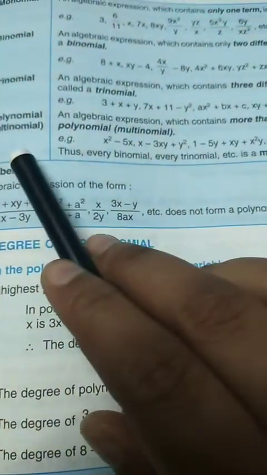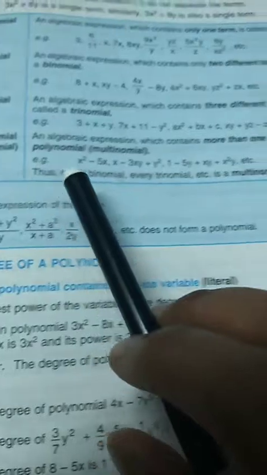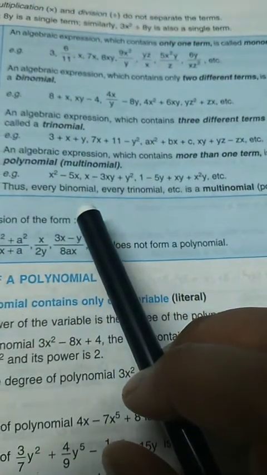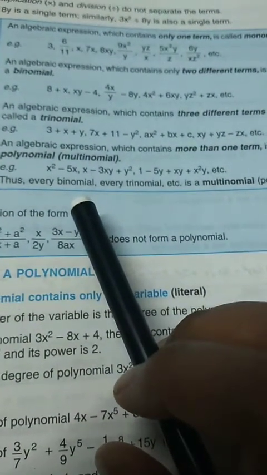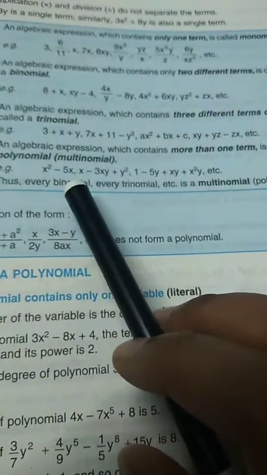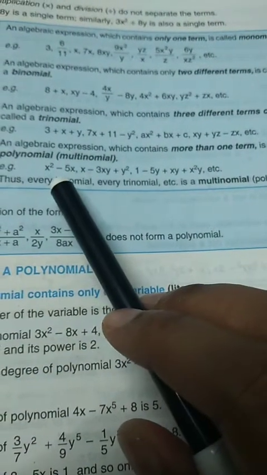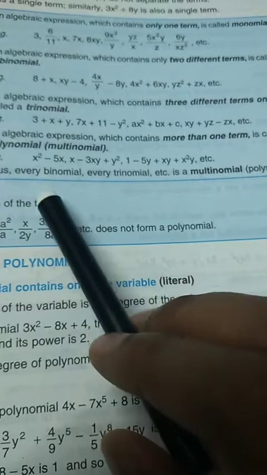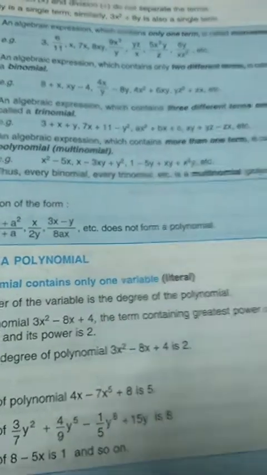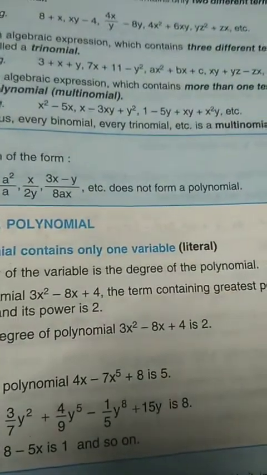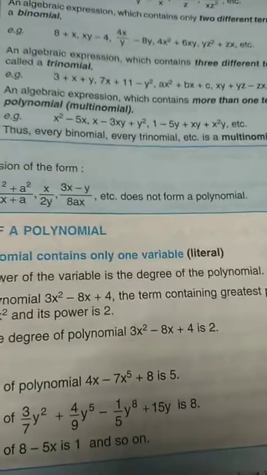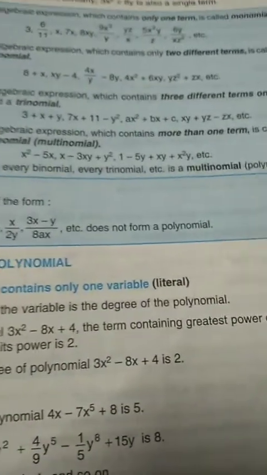So this is called trinomial. Polynomial means many. Poly means many. So an expression having many terms. Here you can see these are examples of polynomials having more than three terms. It is called polynomial.